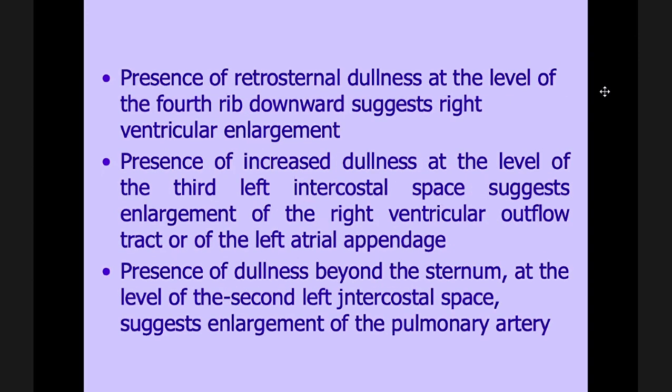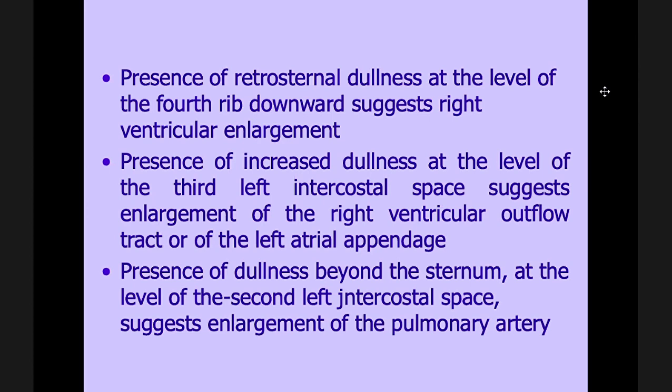Presence of retrosternal dullness at the level of the fourth rib downward suggests ventricular enlargement. Increased dullness at the level of the third left sternal intercostal space may suggest enlargement of the right ventricular outflow tract or of the left atrial appendage.